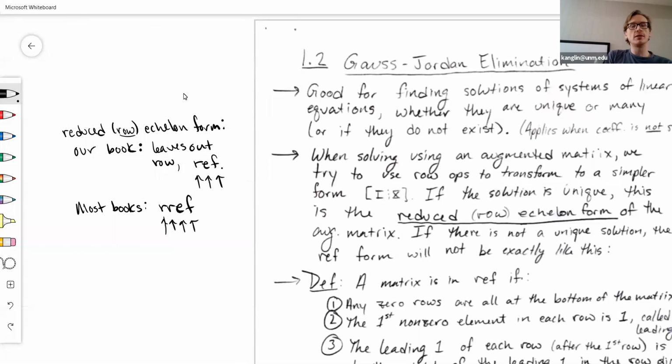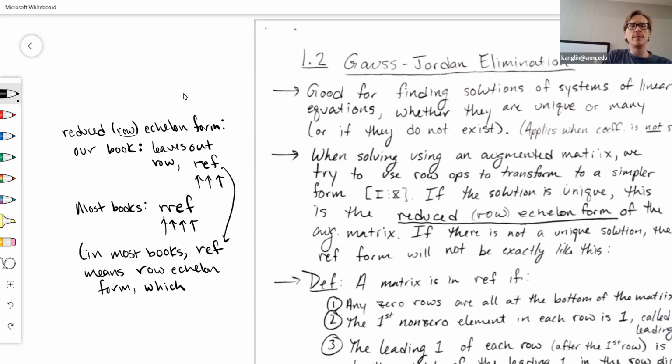In most books, REF means simply row echelon form, not reduced, simply row echelon form. Which is something different, right? This REF we use, most books use it a little bit differently.